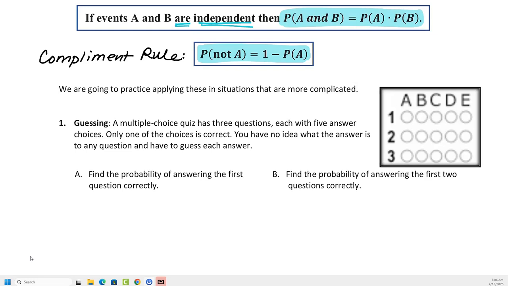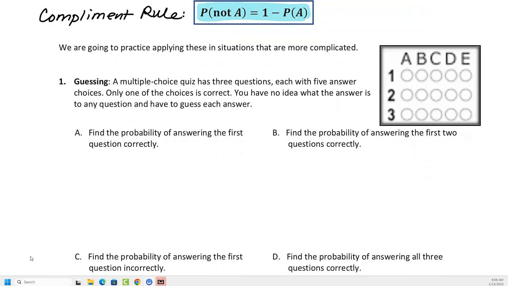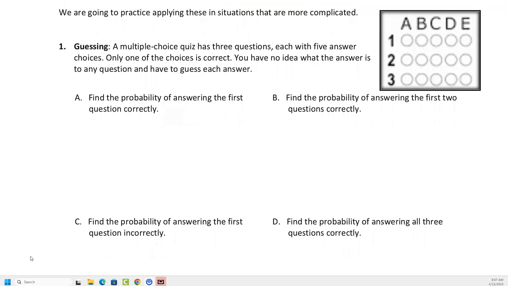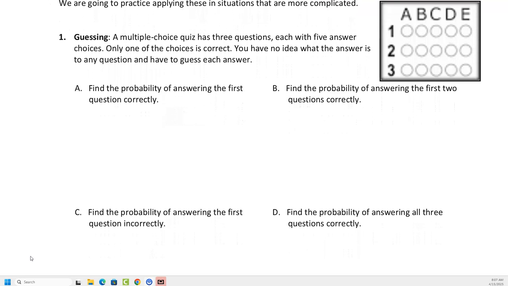So we're going to practice applying these rules to situations that are more complicated. Number one, guessing. A multiple choice quiz has 3 questions, each with 5 answer choices.